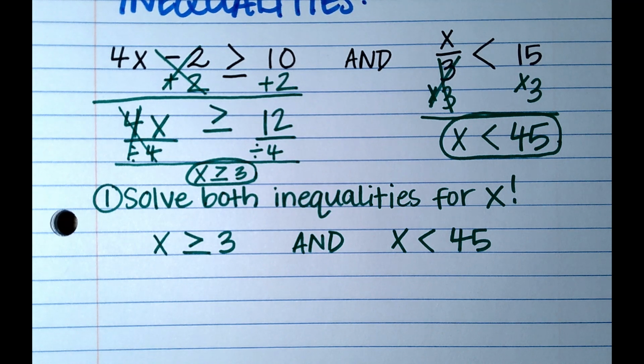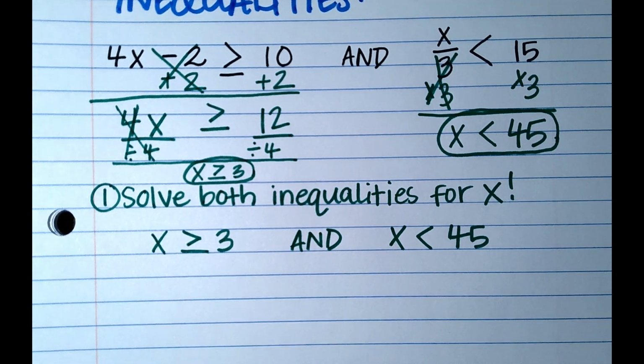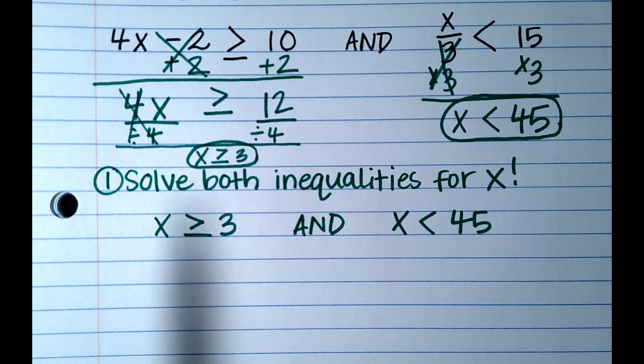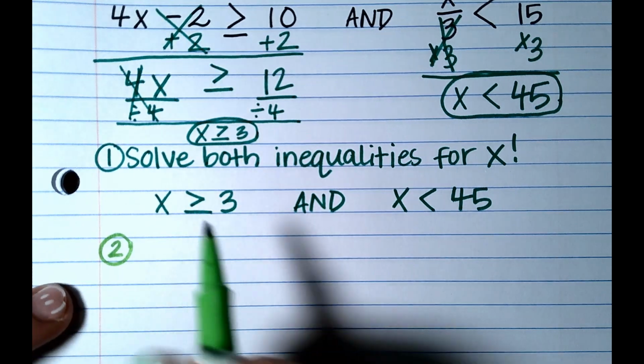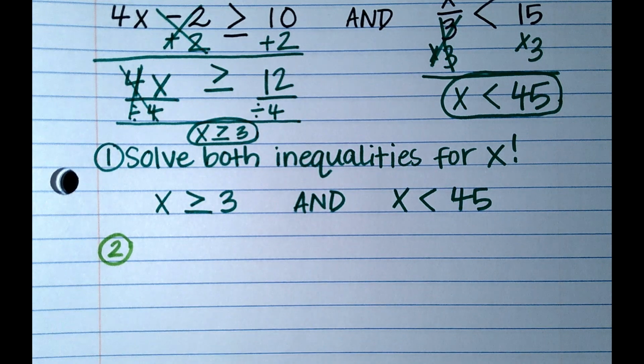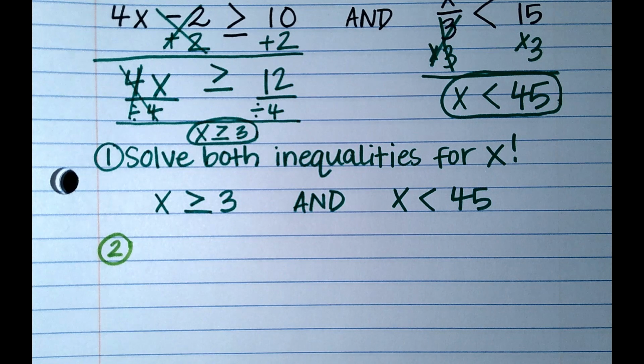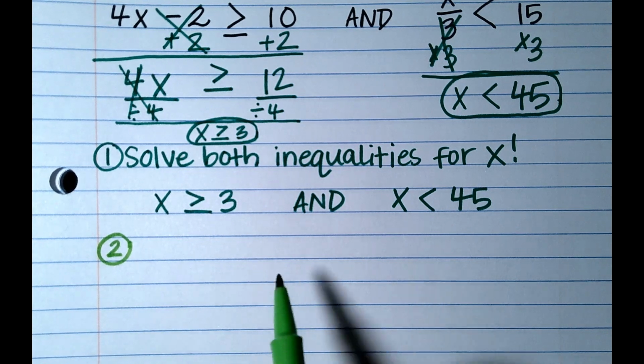So now that we've solved them, we're done with step 1. Step 2, and whenever you quiz over this, it'll be just like on this worksheet. I will give you a line to draw on to save some time.